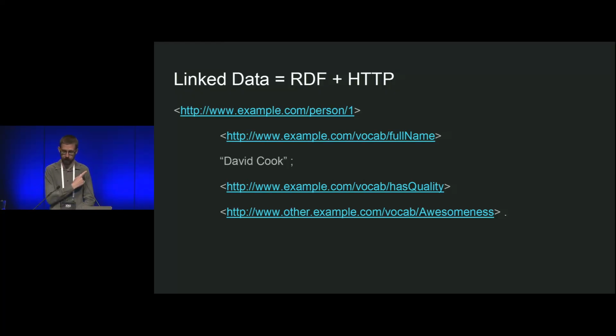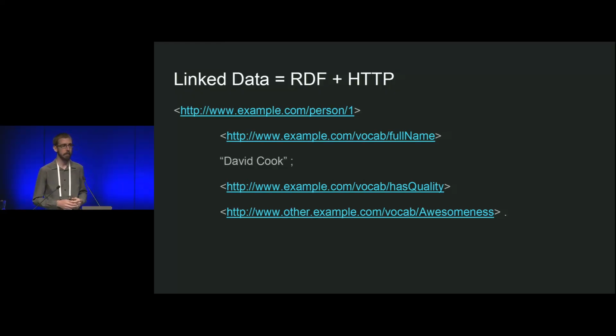Returning to these last 2 lines, you can see 2 URIs. That semicolon after my name lets us reuse the subject from the first line. So it's still person 1 has quality, awesomeness. And a real example, I'm kind of cheating by making URIs that are significant.